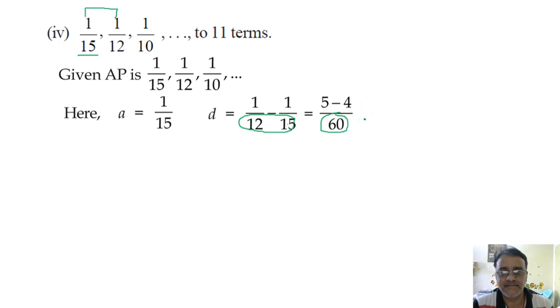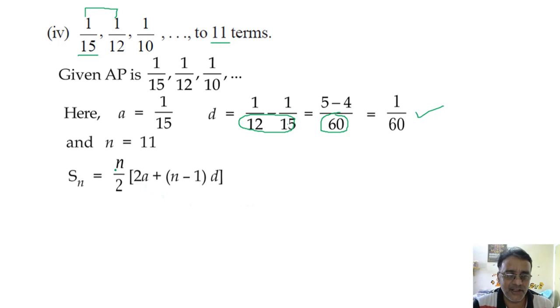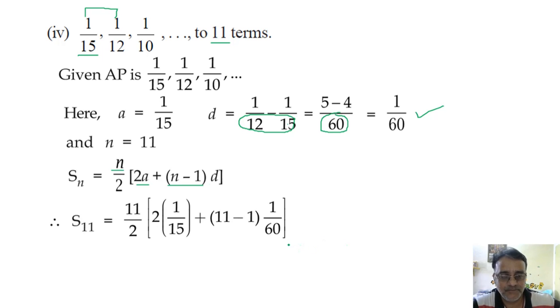So what is D? 1 by 60. And what is n? 11. Now we'll write the formula and substitute all the values: 11 by 2, 2 into 1 by 15, 11 minus 1 into 1 by 60. So this will become 10 by 60.